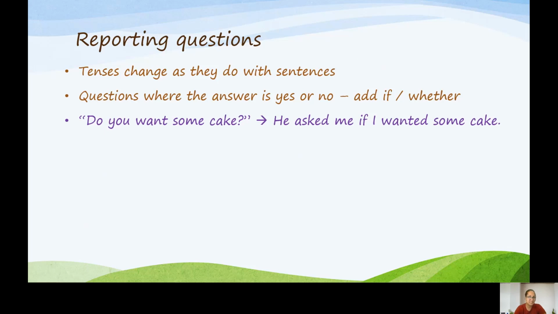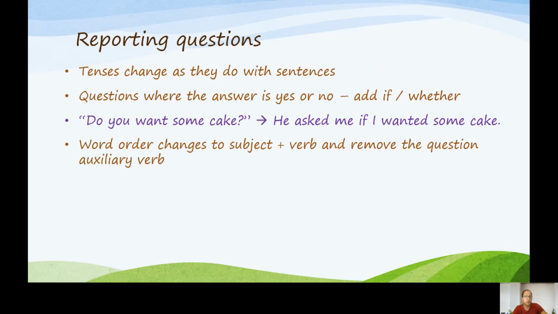The answer would be yes or no. We report it, he asked me if I wanted some cake. So want changes from the present to the past, just like with a sentence. We add if because it's a yes, no question. We could use whether. We can say, he asked me whether I wanted some cake. It's no difference really. Whether is slightly more formal, that's all.